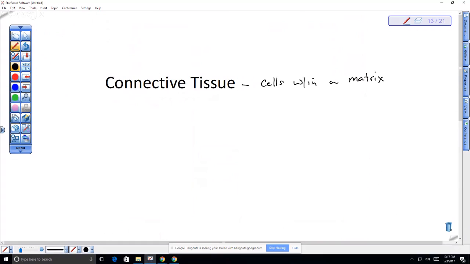Okay. So when we look at bone, which is a type of connective tissue, we have osteocytes. Think osteoporosis, for example. Osteo means bone, and anytime you see the -cyte ending, that means that it is a cell, right? So the osteocytes sit in the matrix.